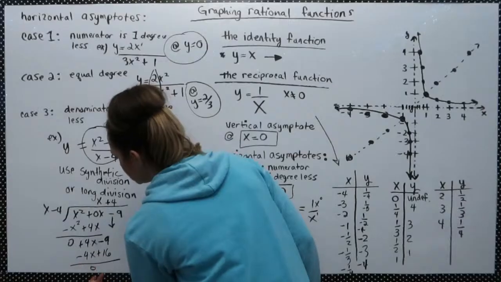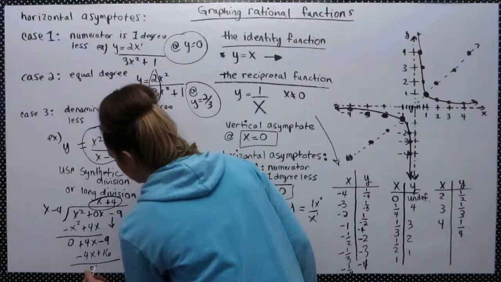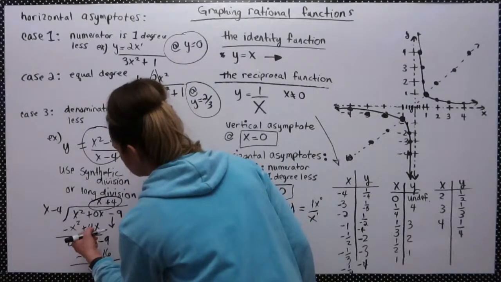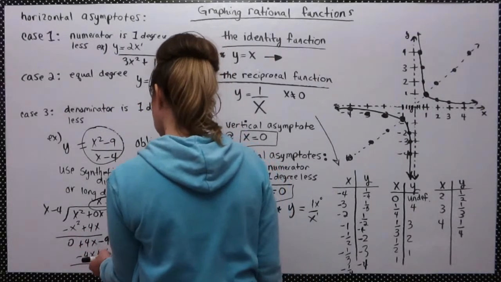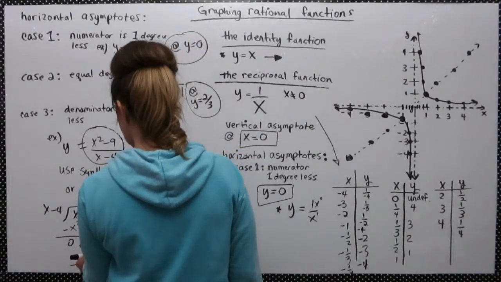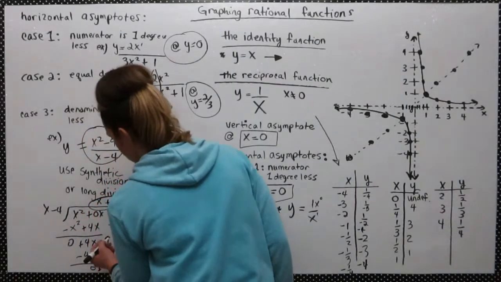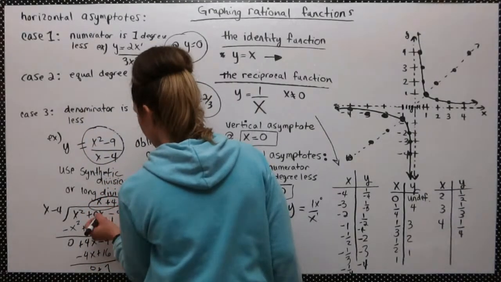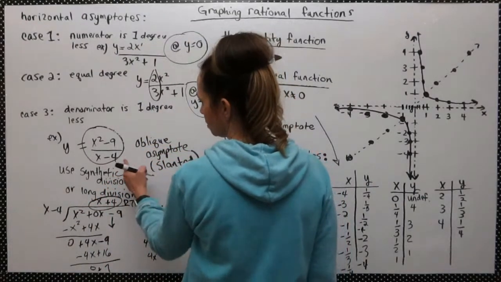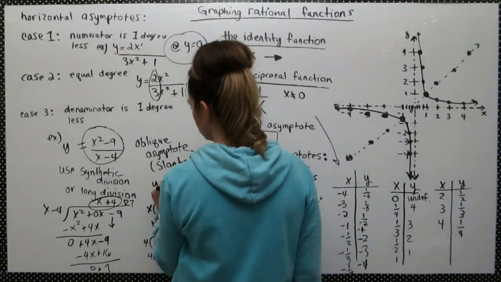But the remainder doesn't really matter. You're finding your line for your asymptote. So 16 from 9 is 7. So you have a remainder of 7, but this is how you find your line. So your oblique asymptote for this would be y equals x plus 4.